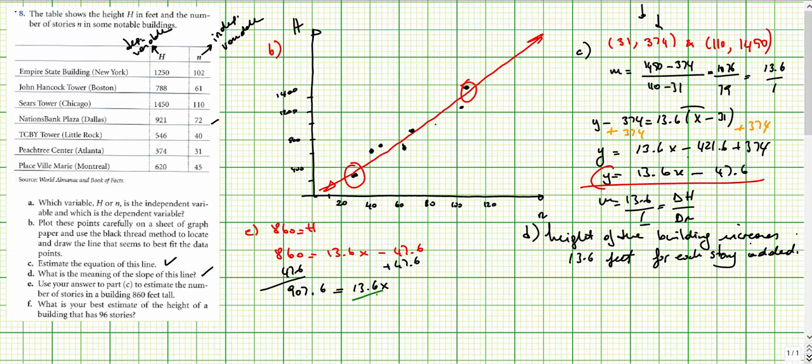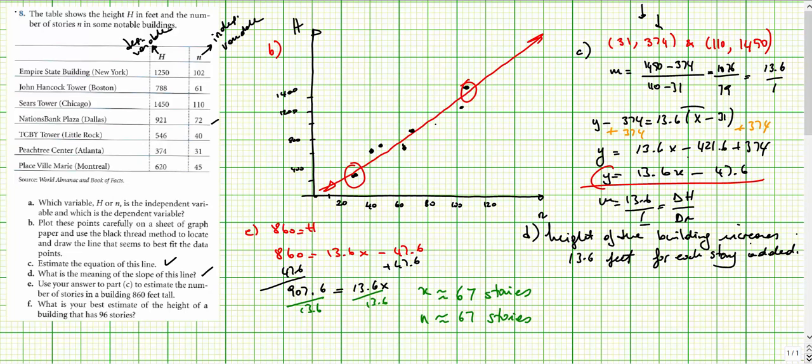Then I need to divide both sides by 13.6. So x, which is your n, is 907.6 divided by 13.6, approximately 67 stories.